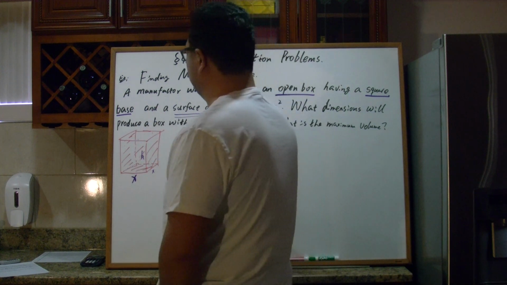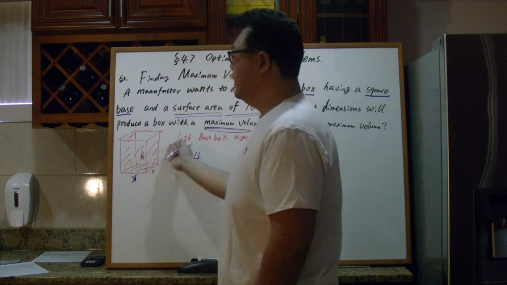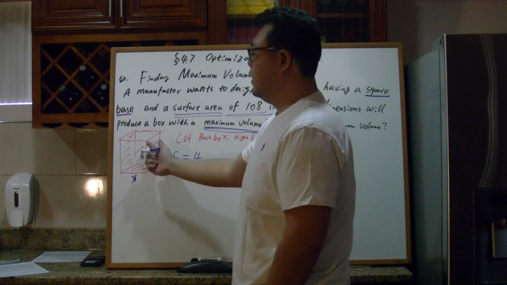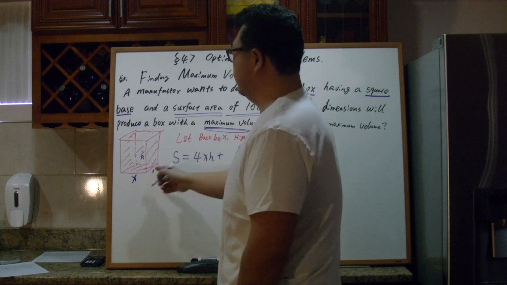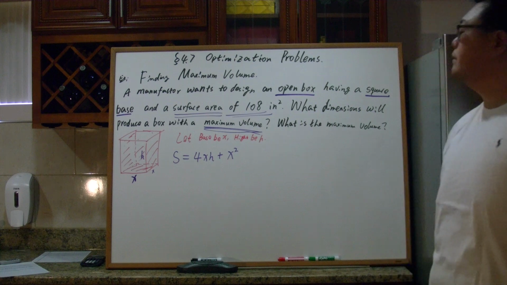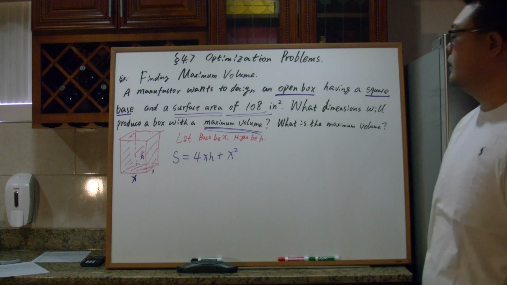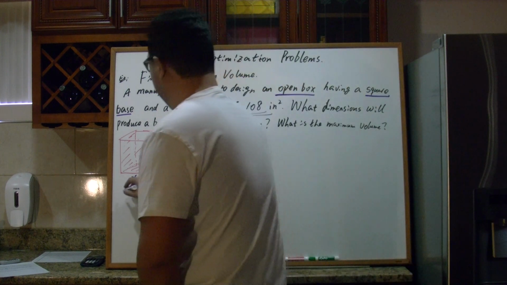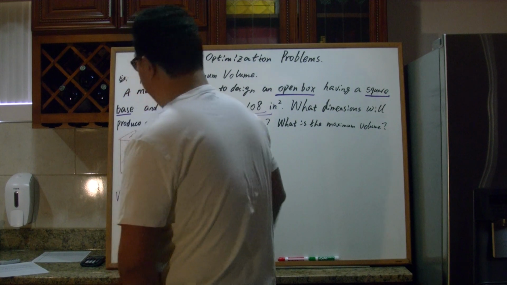So the surface area is four sides, where the area of each side is a rectangle's area, that's x times h, plus the square of x. Well, that's the surface area of this box. And the volume of the box is x squared times h.